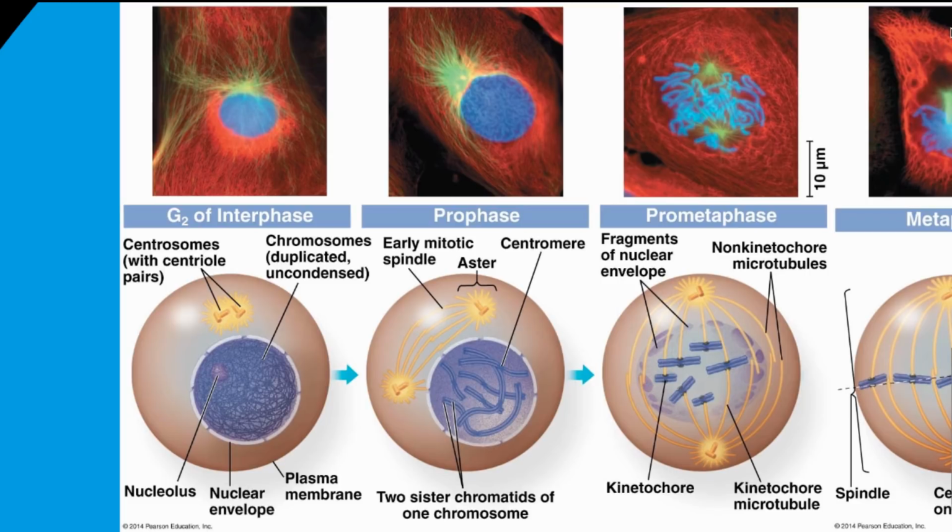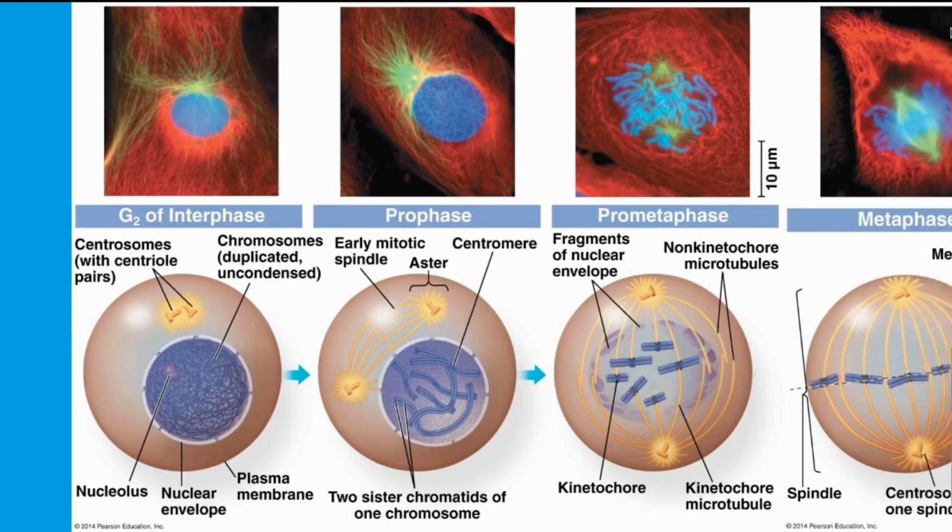As the cell moves through, DNA will condense from the loose chromatin that we see in interphase to the densely packed chromosomes. The nuclear envelope will begin to break down, and we'll see these microtubules called spindle fibers will start to grow from either end of the cell.